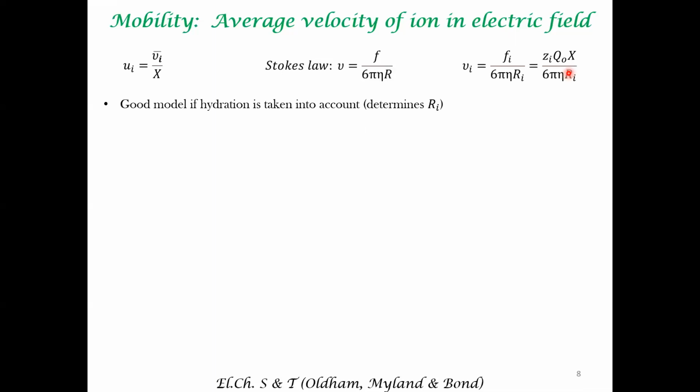This is a good model, especially if you take into account waters of hydration. This R we are referring to is not the ionic radius which you see in inorganic chemistry. What is of relevance here is the radius of an ion surrounded by waters of hydration. So you can have some very counterintuitive numbers here.